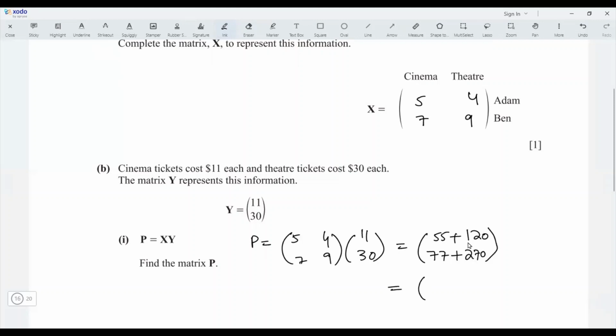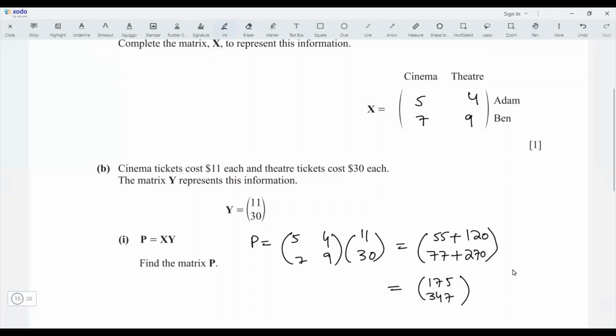Adding all of these, 120 plus 55 results in 175, and if you add 270 with 77, it results in 347.